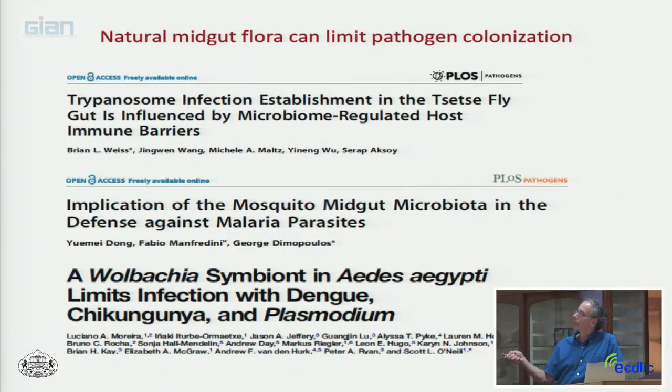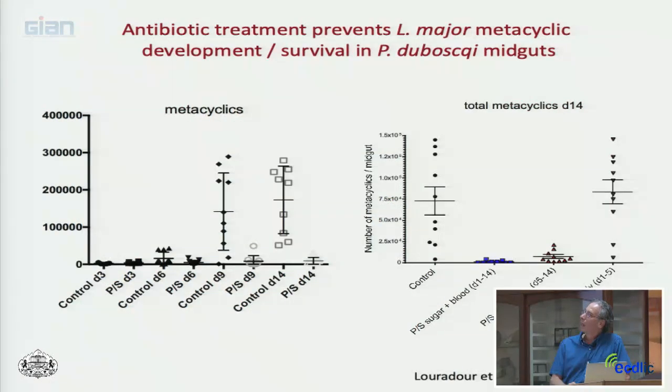That's the same with mosquitoes infected with malaria, mosquitoes infected with dengue virus. In each case, if you get rid of the midgut flora, the infection by the pathogen is improved. You get a more forceful colonization of those mosquitoes or tsetse flies.